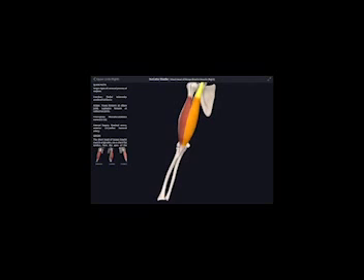You might be surprised, or you might have this stereotype image of the biceps brachii as a strong muscle in your arm, because sometimes you call it a gun, or you flex your biceps and you have this nice mountain looking shape on your upper arm. But surprisingly, this is not the prime mover for elbow flexion. The prime mover for elbow flexion is the brachialis, which we're going to see next.